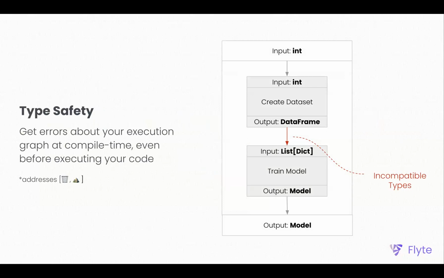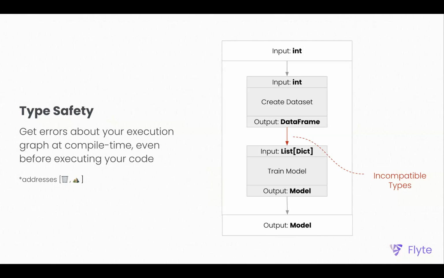But people who have been burned by types not being as they expect them to be, Flyte would be a pretty useful tool. For example, if task 1 outputs a data frame and task 2 takes in a list of dictionaries, at compile time, even before you've run any code, Flyte will complain and say this is not a valid thing.